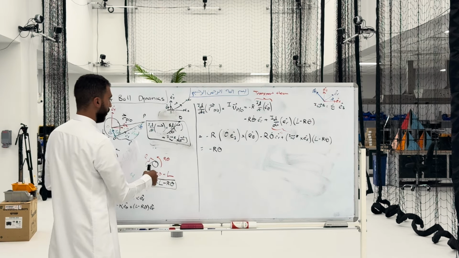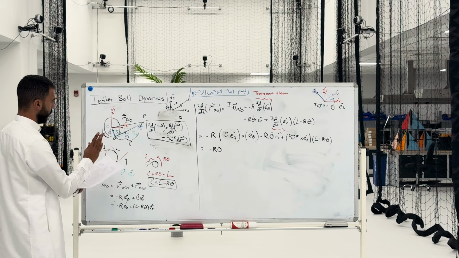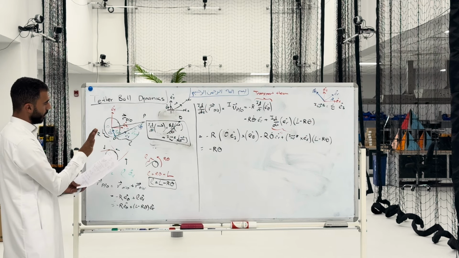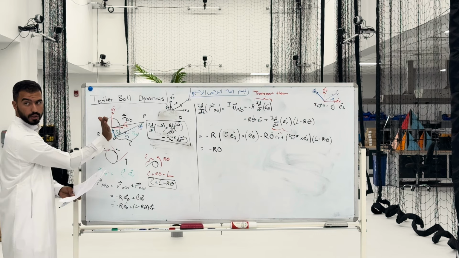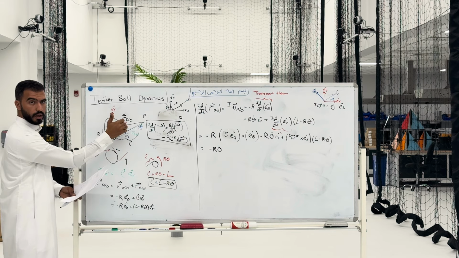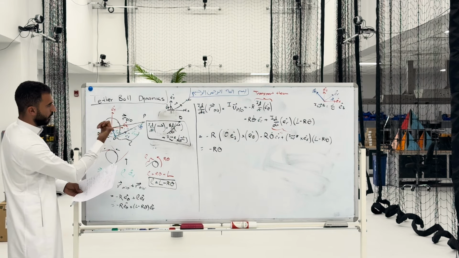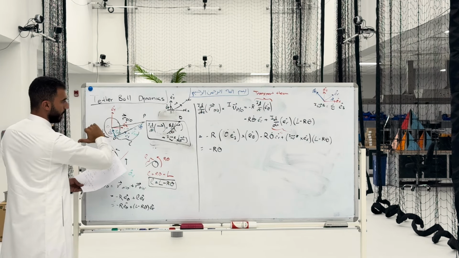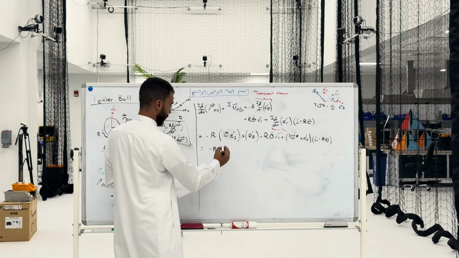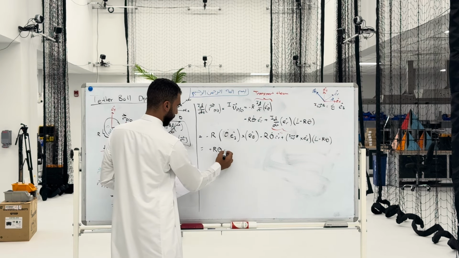So E3 crossed with E theta. E3 is going out of the page, right? E3 crossed with E theta is negative ER. So negative plus ER.